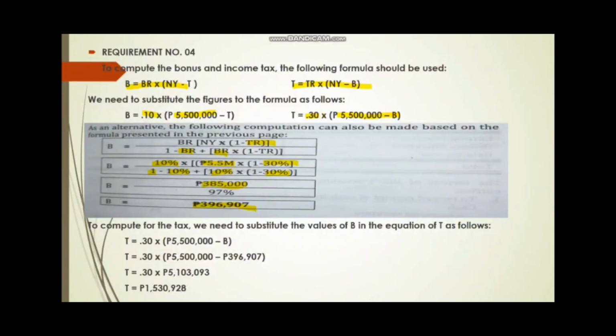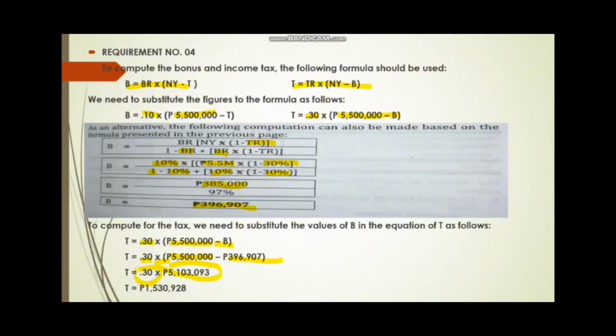So to compute the tax, we need to substitute the value of B in the equation of T as follows. T, tax rate of 30% times NY of 5.5 million minus B. And then 5.5 million minus the bonus of 396,907, the answer is 5,103,093, times the tax rate of 30%.